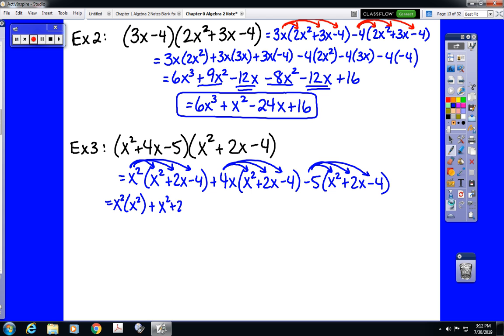So we have x squared times x squared, and I screwed up, so I'm trying to make it go back. There we go. Plus x squared times 2x, plus x squared times negative 4, plus 4x times x squared, plus 4x times 2x, plus 4x times negative 4, and if I don't make my writing smaller, I'm going to have an issue.